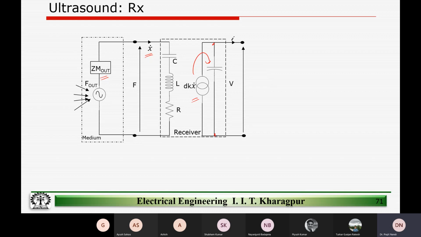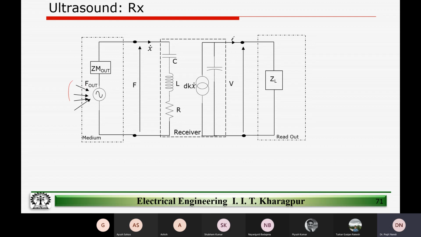Then we can get information about what kind of waves have actually been given as an input. So this is the readout circuit, nothing big in this. In the lab you did, there was an op amp and the charge mode amplifier and all that stuff. That will offer some impedance to this voltage source. So this is clear. This is how the ultrasound receiver is going to look.